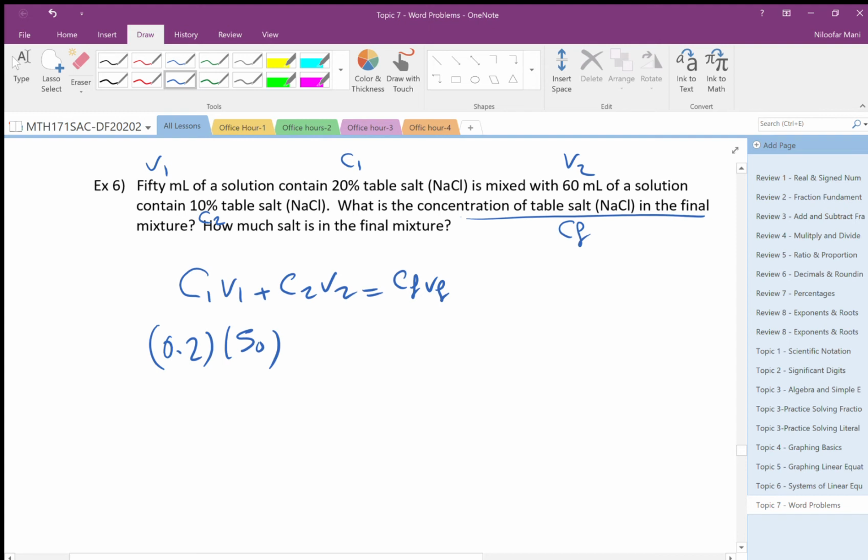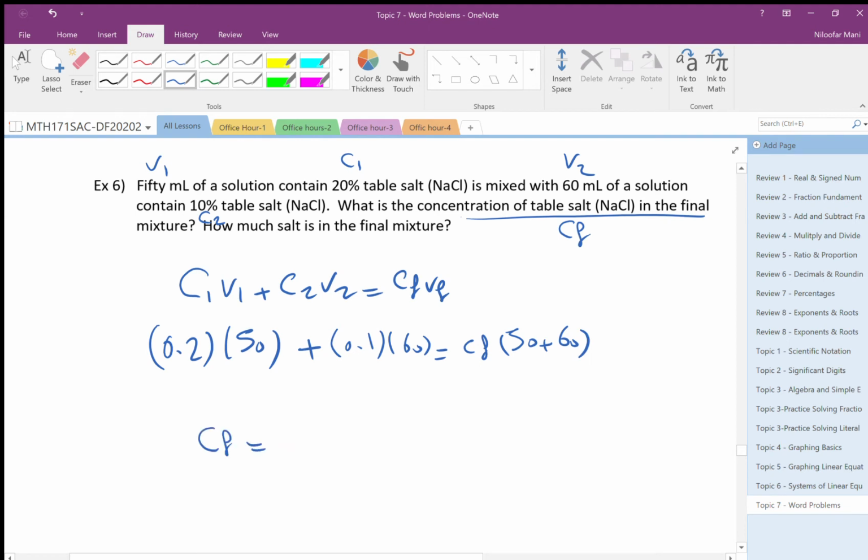I'm using the original formula, so I don't define any x or y. So here is that, plus 0.1 multiplied by 60 equals CF multiplied by 50 plus 60. And CF is just what you have to find.